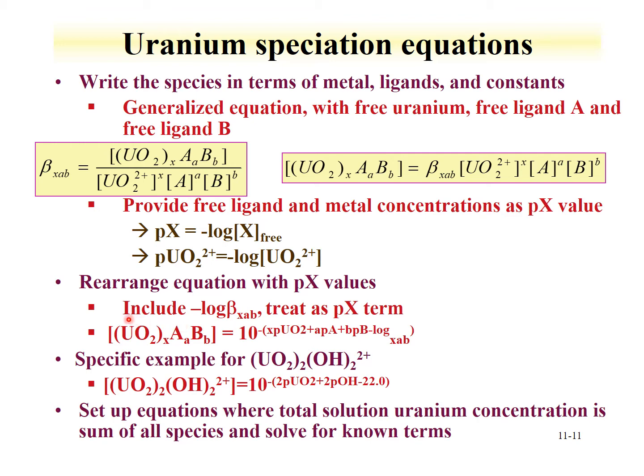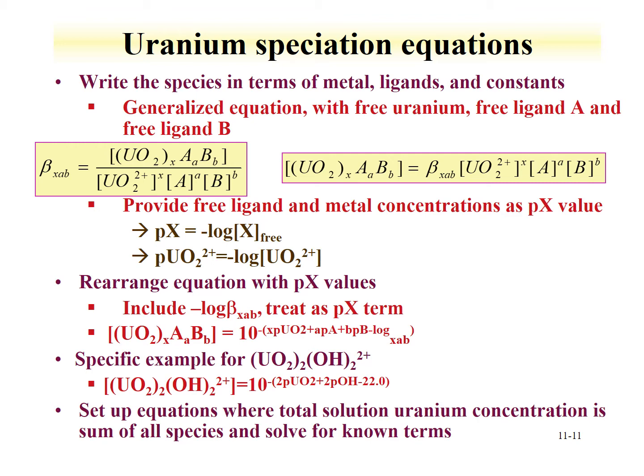And what this becomes is that the concentration of the species is just equal to 10 to the negative x p metal, so p uranium, plus a pa plus b pb minus log of the complexation constant. And these factors that I have out in front is just the stoichiometry. The x is how many uraniums are involved in the final complex.